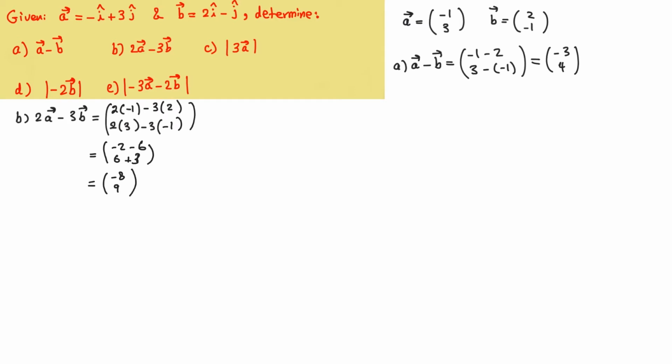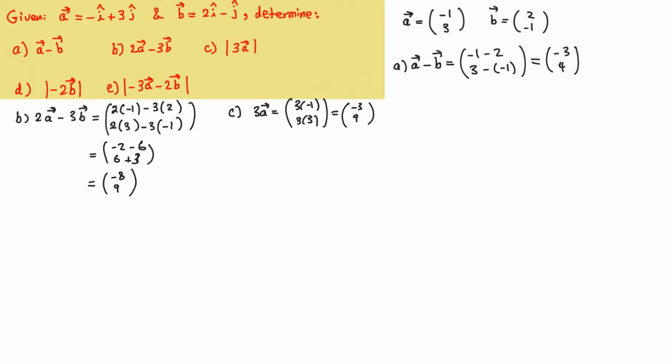For part C, we're looking at the magnitude of 3 times vector A. So let's find 3 times vector A first. We have to multiply each component by 3, so 3 times -1 and 3 times 3, and when I do that, I get -3 and 9.